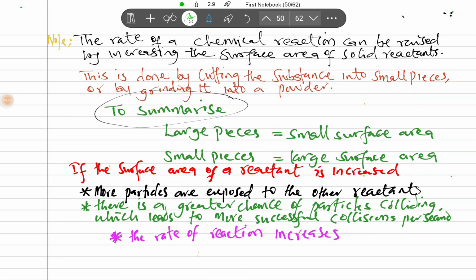Decreasing the particle size brings about an increase in the surface area of the reactant. As the surface area increases, more reactant particles are exposed for collision, and so the chance of having more successful collisions increases. This results in an increased rate of reaction.